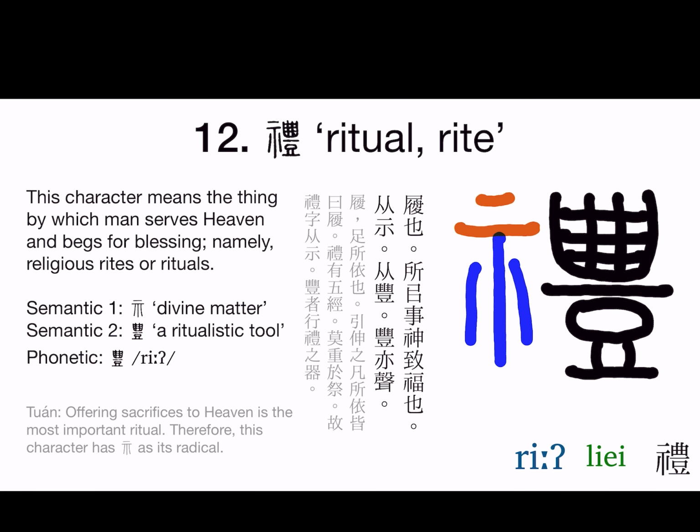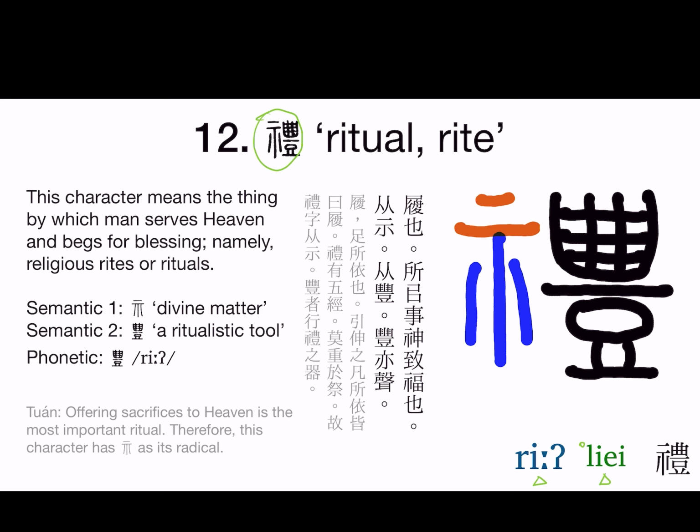The next character I'm learning today is this one, which means ritual or rite. Its Old Chinese pronunciation was ri, and its Middle Chinese pronunciation is liei. Oh, sorry, I had forgotten to add the rising tone mark here. This is another phonosemantic character.